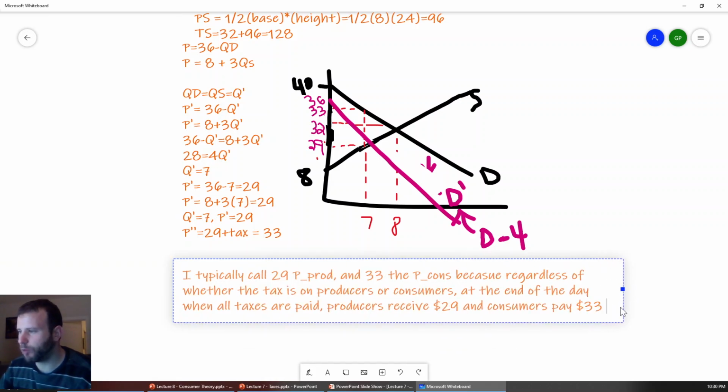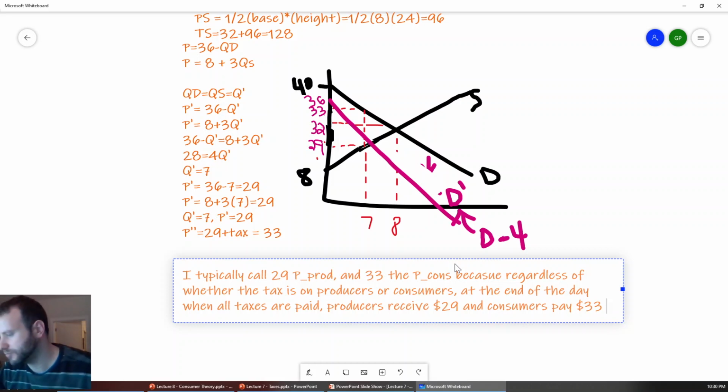And the reason it's helpful is that when you're doing the producer and consumer surplus, you want to know what the P cons is and what the P prod is, and you want to be able to use them to solve for it. So regardless of whether the tax is on producers or consumers, P cons is always going to be the higher number, and P prod is always going to be the lower number, and P cons is always going to be equal to P prod plus tax.